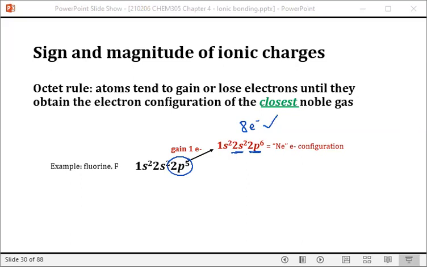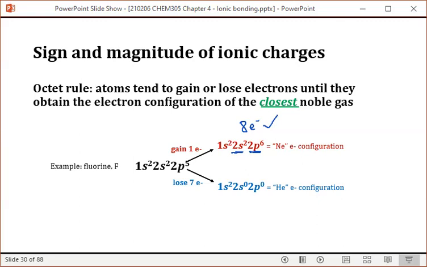The other way that fluorine could meet the octet rule would be if it lost 7 electrons. If fluorine lost 7 electrons, it would now have the electron configuration 1s2, and it wouldn't have any electrons left in its 2s or its 2p orbitals because it's lost 7 electrons. And so it would still meet the octet rule, in this case, the duet rule.